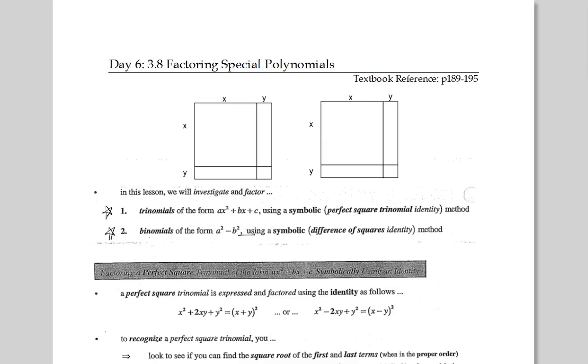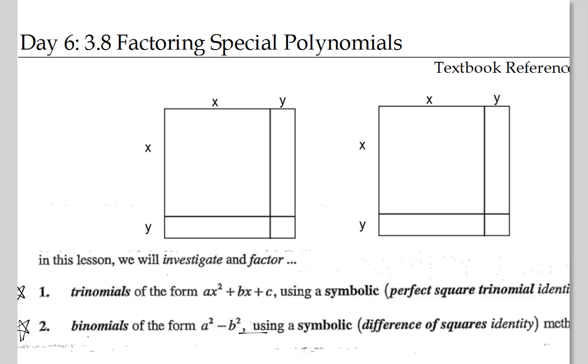So for day 6, we're just going to start right at the top using this picture here. And I want you to think back to the area of the polygons. The area will be, remember, it's always length times width. So for the top part of this rectangle, which is actually a square, because the length and the width are the same, you can see here it's x plus y.